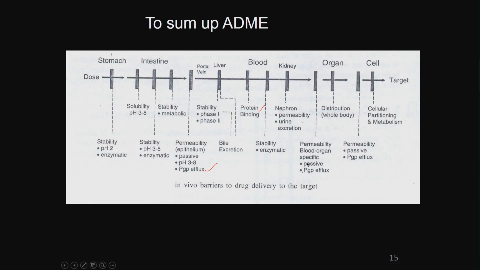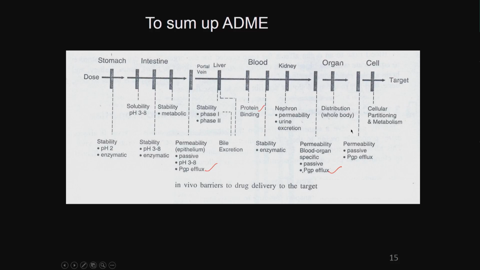And then permeability to the specific site, again through passive diffusion, you can have P-gp efflux coming in. That means P-glycoproteins may be throwing your drug out, and that will lead to reduction in its concentration. And then distribution, volume of distribution which we talked about, can alter the concentration of the drug in the body.